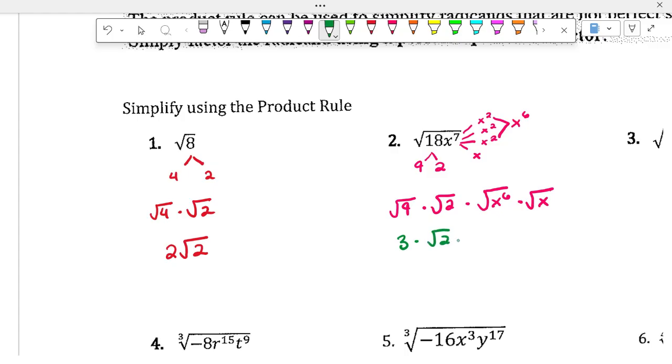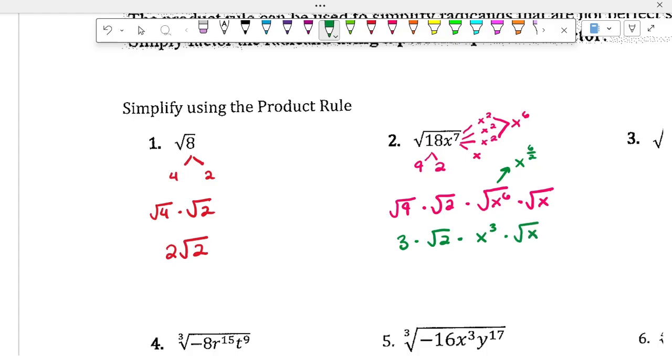Square root of 2 we can't take. Square root of x to the 6th? X cubed. So if you convert that to a fraction, it'd be x to the 6 over 2. So that's 3. And then the square root of x we can't take.